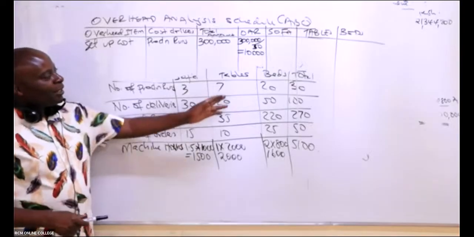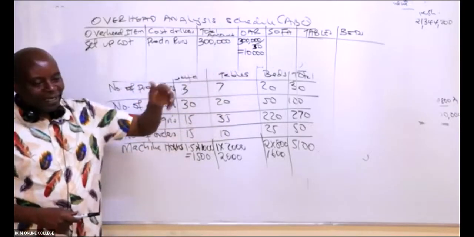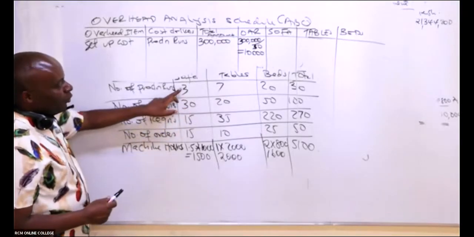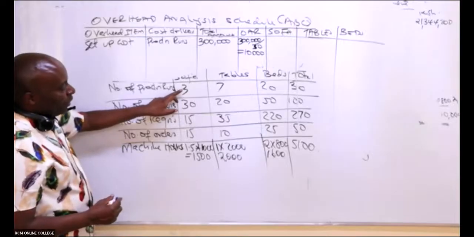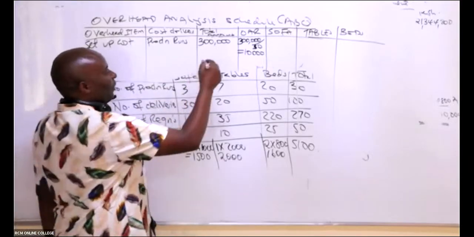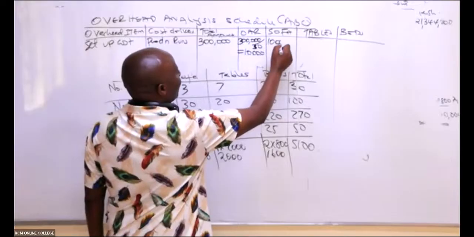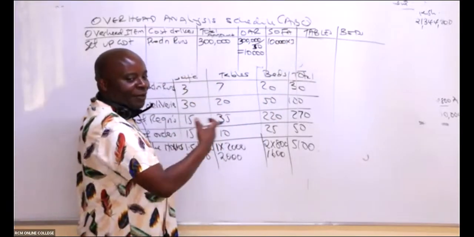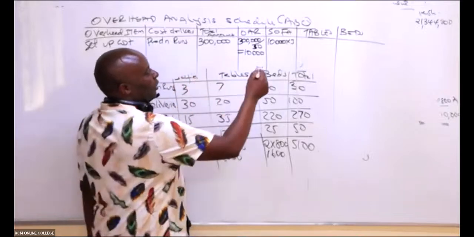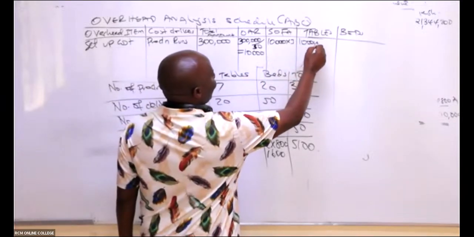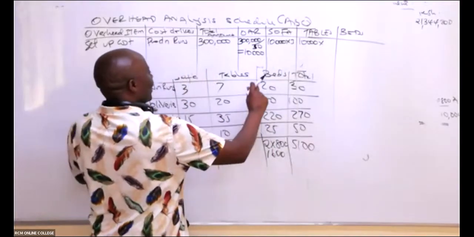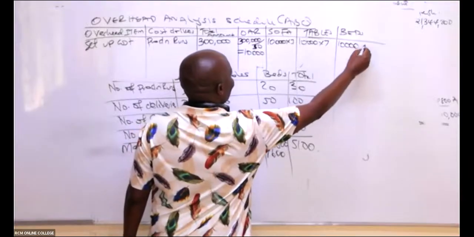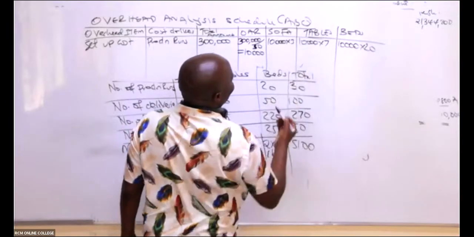So then how do I spread this amount to the sofas, tables, and beds? We have the production runs for sofa sets, isn't it? So this will be 10,000 times 3. You don't have to do these workings in your exam. If you just understand, you post the answers direct. So this will be 10,000 times number of runs, 7. This will be 10,000 times 20.